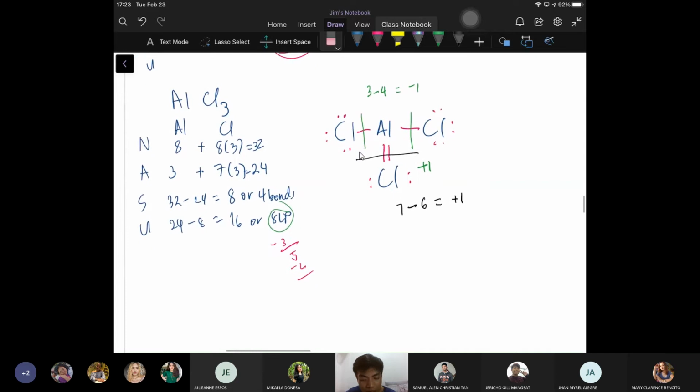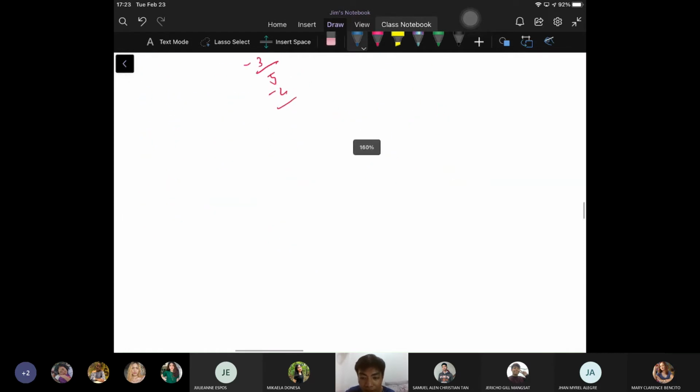So in order for us to resolve this issue, wag na kayo mag-NASA rule kapag ang central atom ay group 2 and group 3. Ano na lang gagawin nyo? Yung simple connect the dots na ginagawa nyo nung high school.